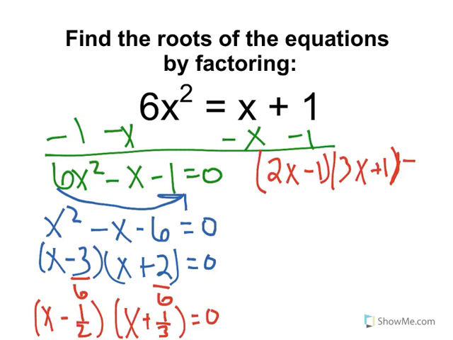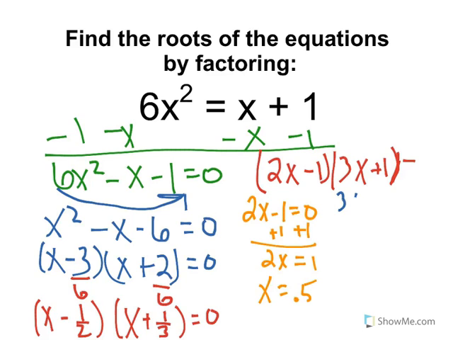Okay, so now that we have it factored, I can take each of those parentheses and set them equal to 0. So I can have 2x minus 1 equal to 0. So I get 0.5 here. And then I will subtract 1, 3x is equal to negative 1.